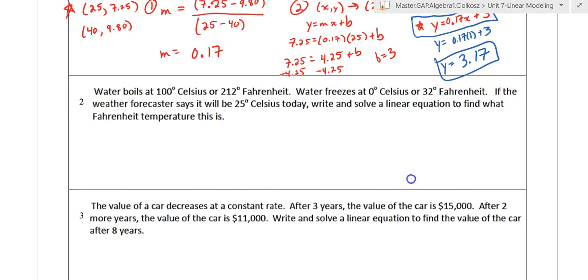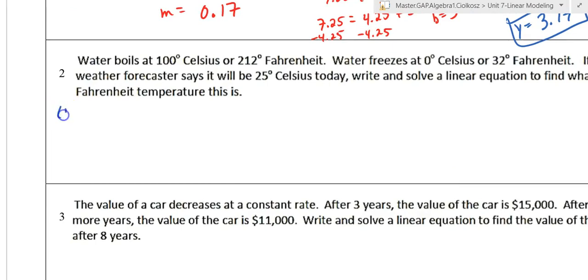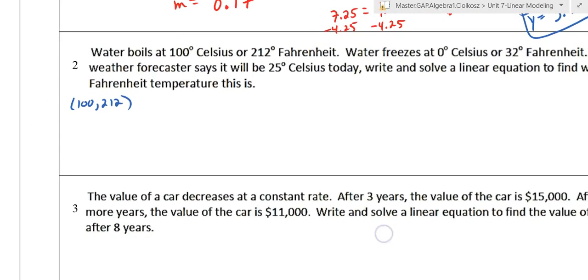Okay, so getting our 2 points, we have 100 degrees Celsius and 212 Fahrenheit. Our next one, 0 Celsius, 32 Fahrenheit. So, step 1 again, let's go ahead and find our slope.